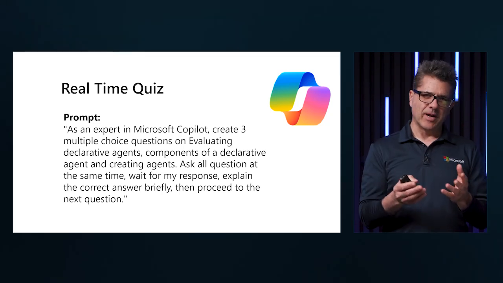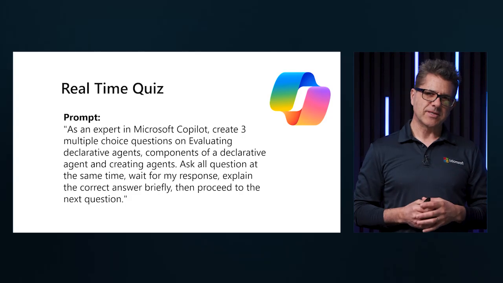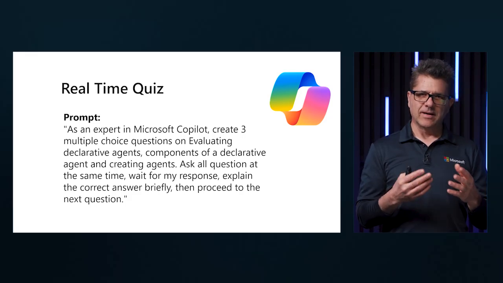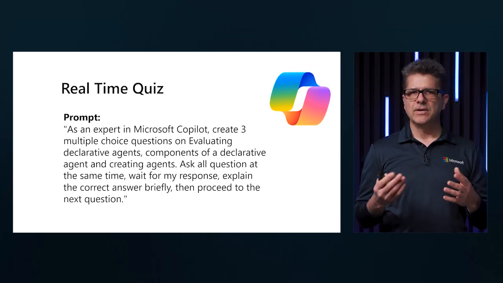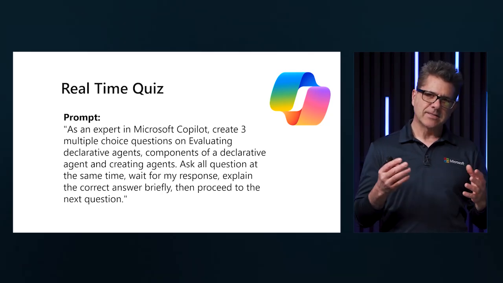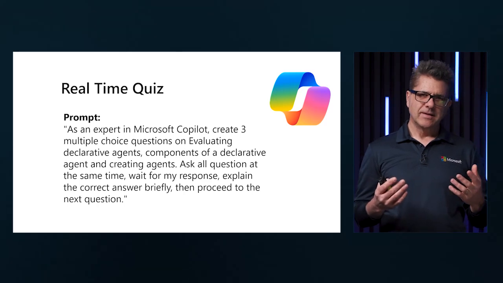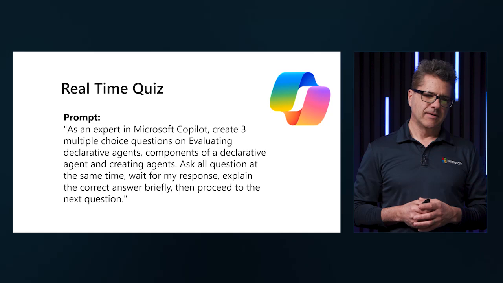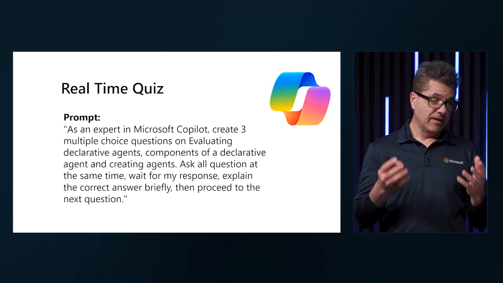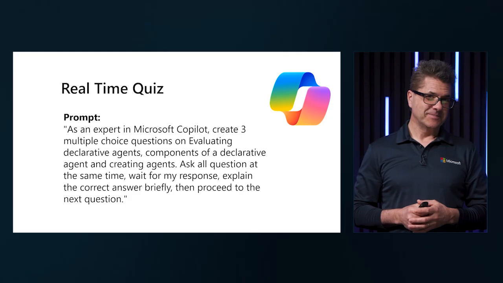Acting as an expert Microsoft 365 Copilot, create 3 multiple-choice questions for evaluating declarative agents, components of a declarative agent, and creating agents. Ask all questions at the same time, wait for my response, explain the correct answer briefly, and proceed to the next question. So, when you have an opportunity, run this prompt and try the answers.